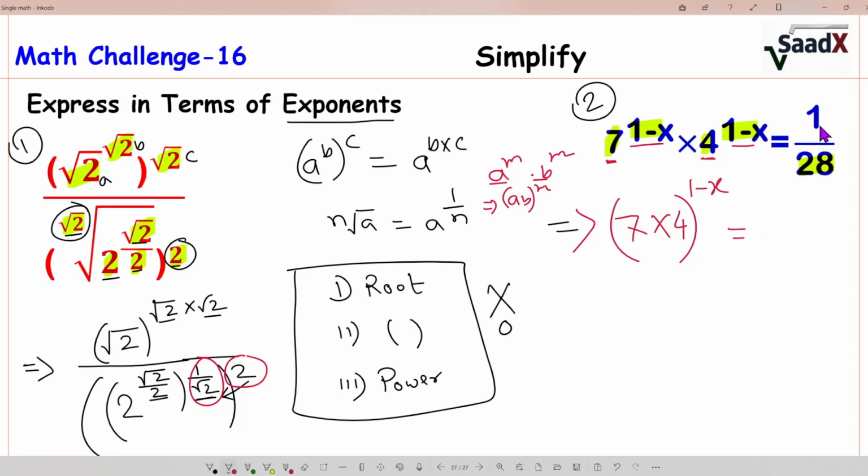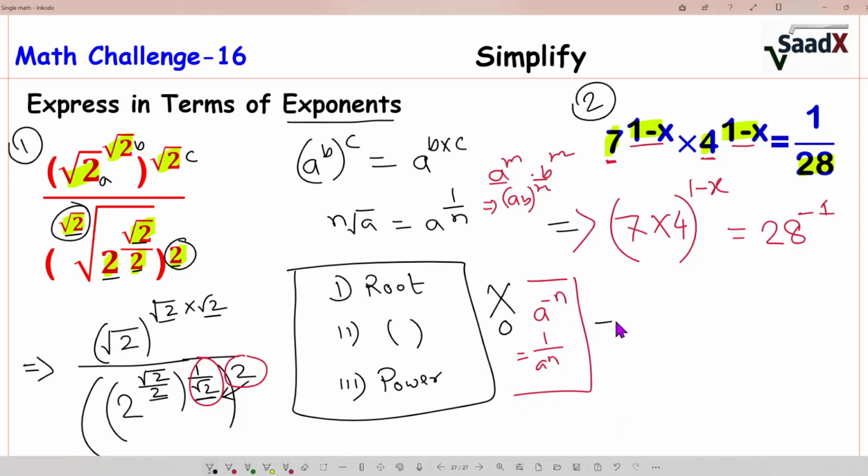And this one, what can we do? Look, this one is a 28. 1 by 28, we can write 28 to the power minus 1, because a to the power minus n means 1 by a to the power n, which is called negative exponent.